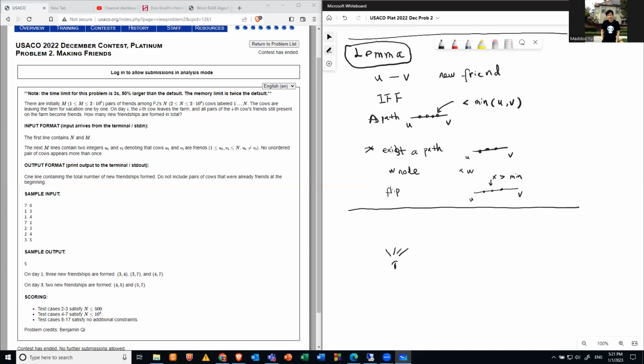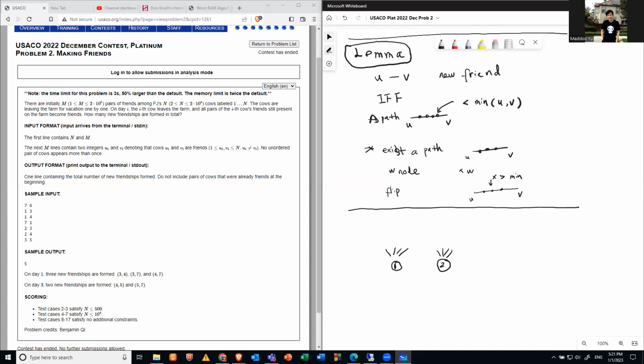Now, if I have node 2, then I start from the next node, node 2. If node 2 and node 1 are not connected, then obviously node 2 only has those friends.